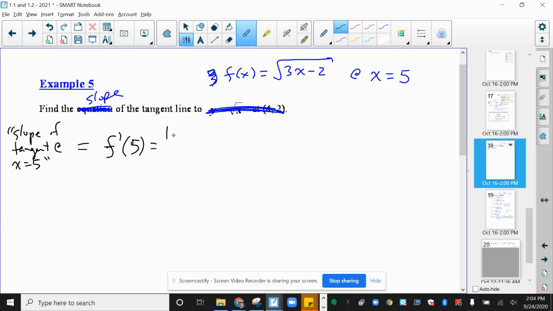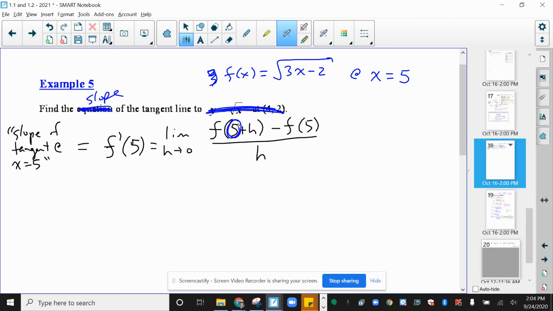So if you're doing f prime at 5, the slope of a tangent, well, if we look back to our definition, it says we want the limit as h goes to 0 of f at, in this case, 5 plus h. Our definition had a's here and here, because that's at a general x equals a value.